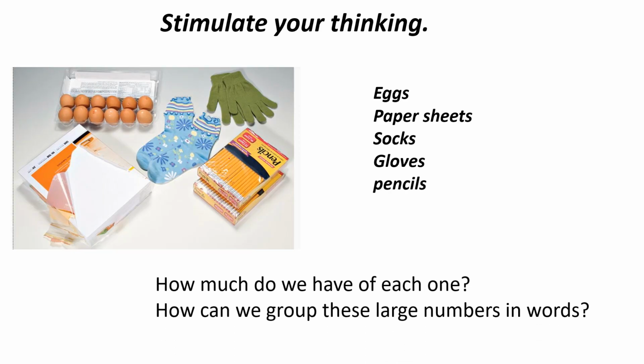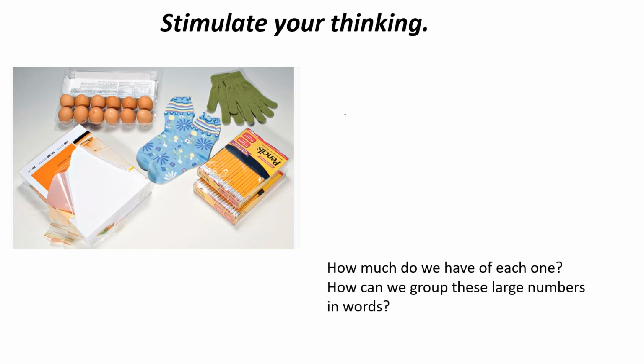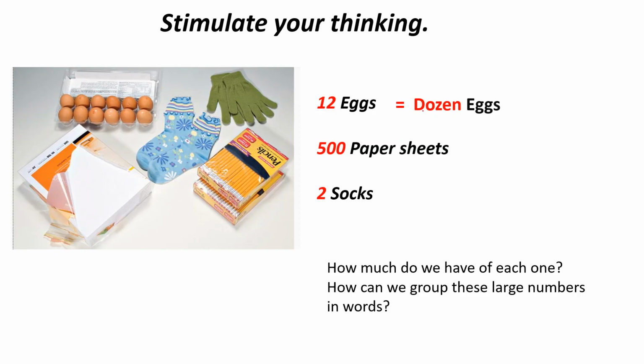So how can we group these large numbers in words? For example, instead of saying 500 paper sheets, can we have a different unit for this number? And the answer is yes. So 12 eggs, we can say a dozen eggs. 12 means dozen. 500, we can say a ream of paper sheets.